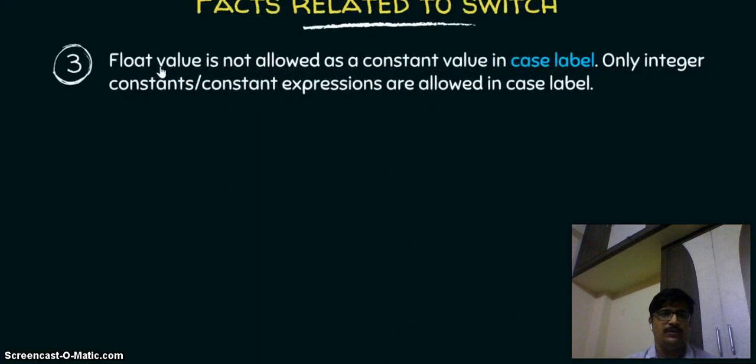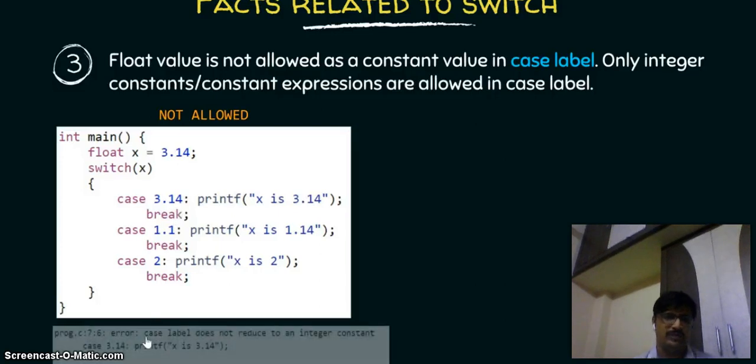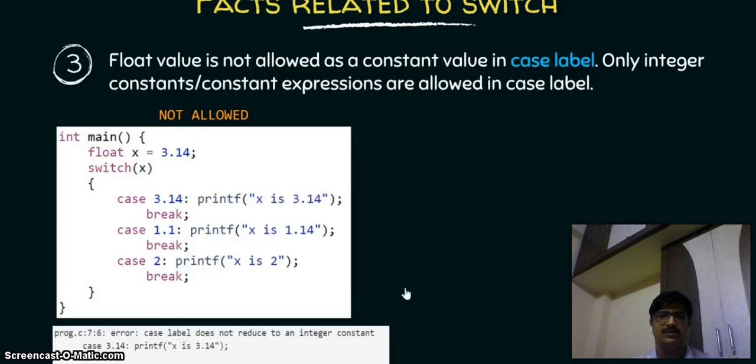A float value is not allowed as a constant value in a case label. Only integer constant expressions are allowed in the case label. For example, if you put some float constant value like 3.4 in a case, it is not allowed, so it will produce an error stating that case label does not reduce to an integer constant.